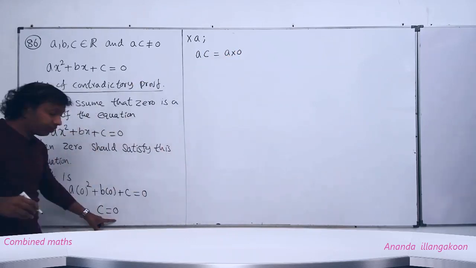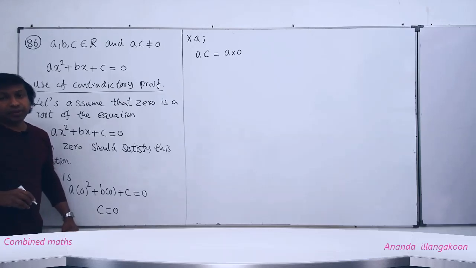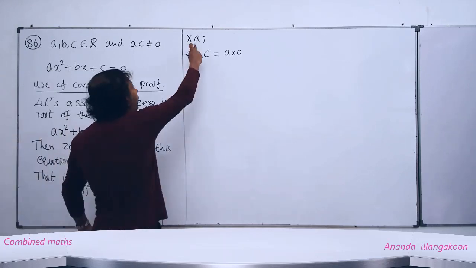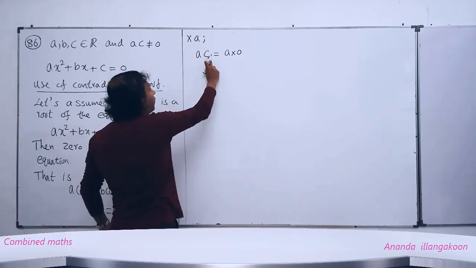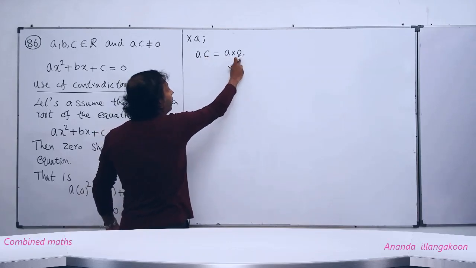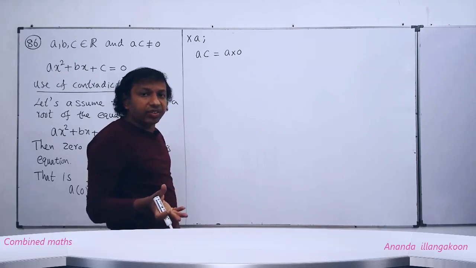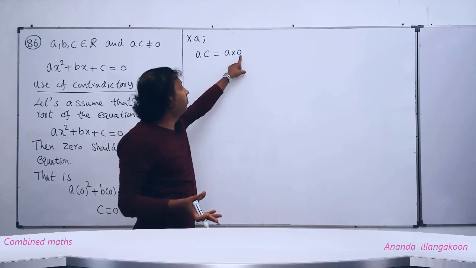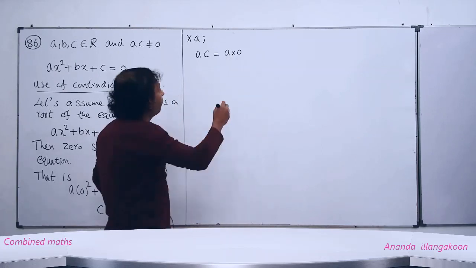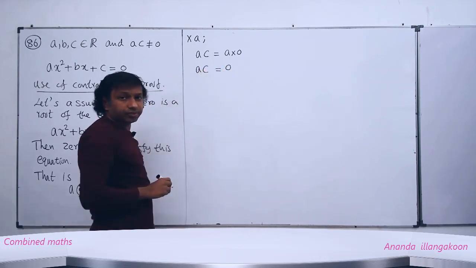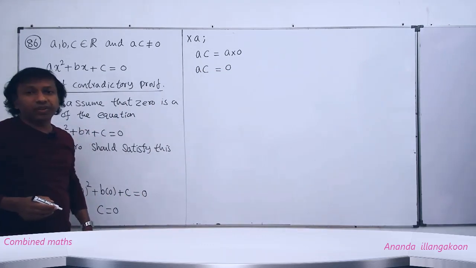Both sides of this equation I multiply by A. Whatever this value of A, since this C is 0, A into 0, whatever this A is, positive value, negative value, any value, when it is multiplied by this 0, the product is 0. Then AC is 0. We get this result, people, subject to the assumption.